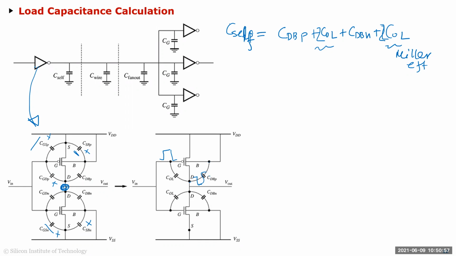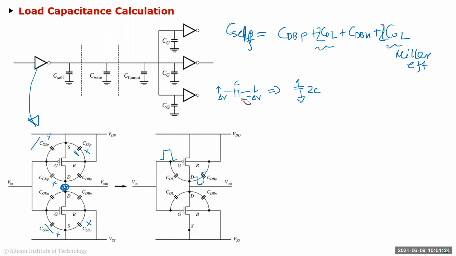So if you have a capacitor, and this is going one direction, delta V, and this is going in the other direction, minus delta V, then you can make this look like a capacitor from the same node to ground as 2C, okay, because of the Miller effect. So just take it for granted now. In the next slide, I'll explain why that is the case.